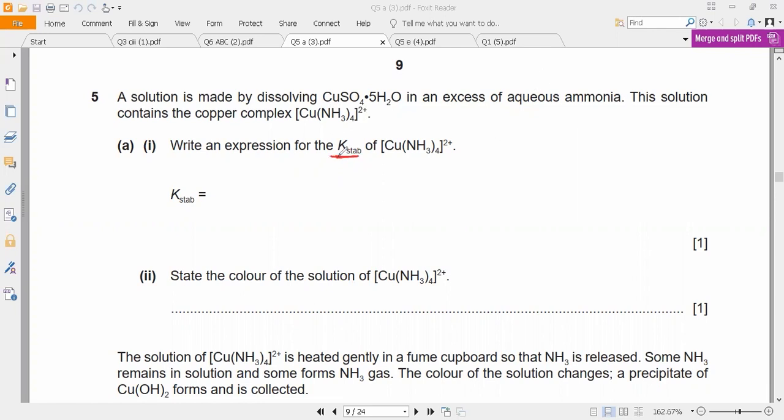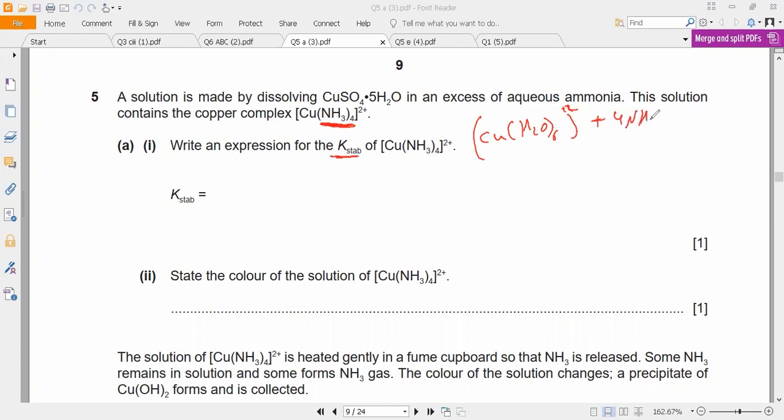Whenever we have Kstab, that means the transition metal was dissolved inside water. You know, guys, copper in water is Cu(H2O)6, charge is +2. Plus how many ammonia? Plus 4 ammonia, because in my product we have 4 ammonia molecules.